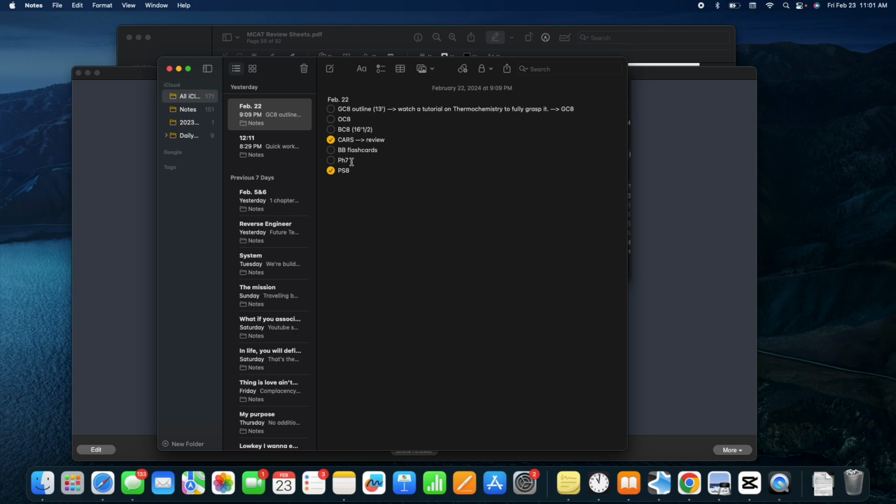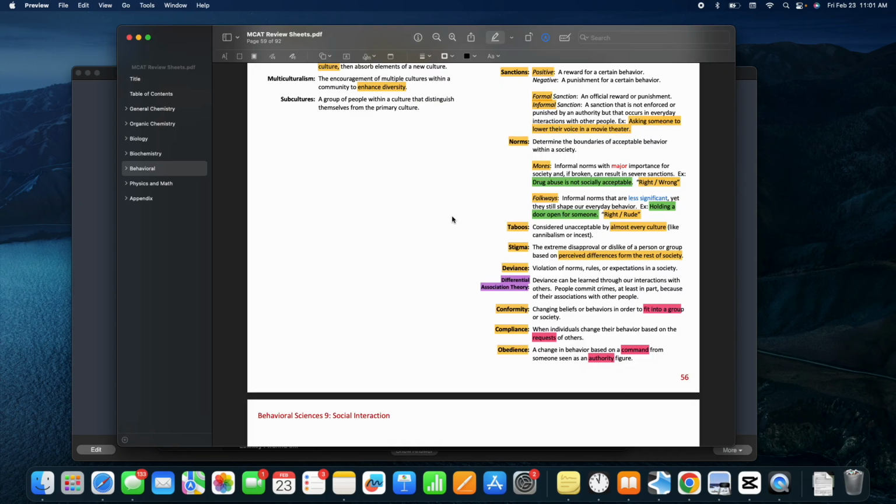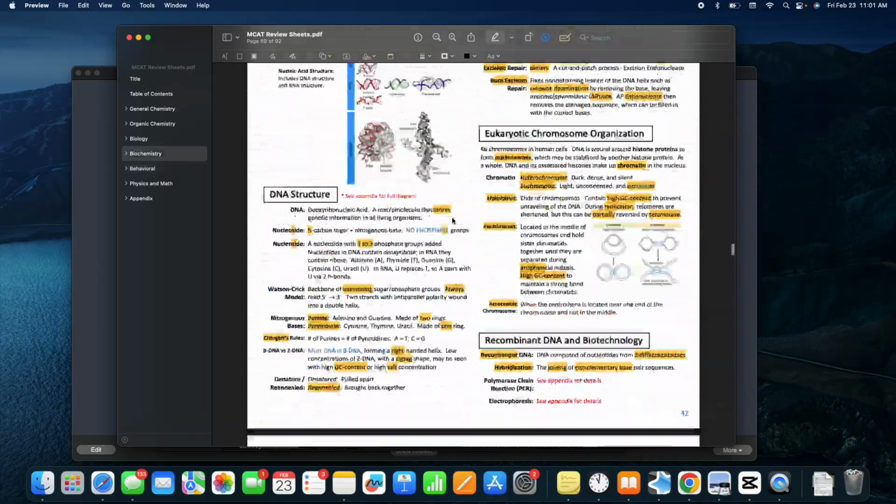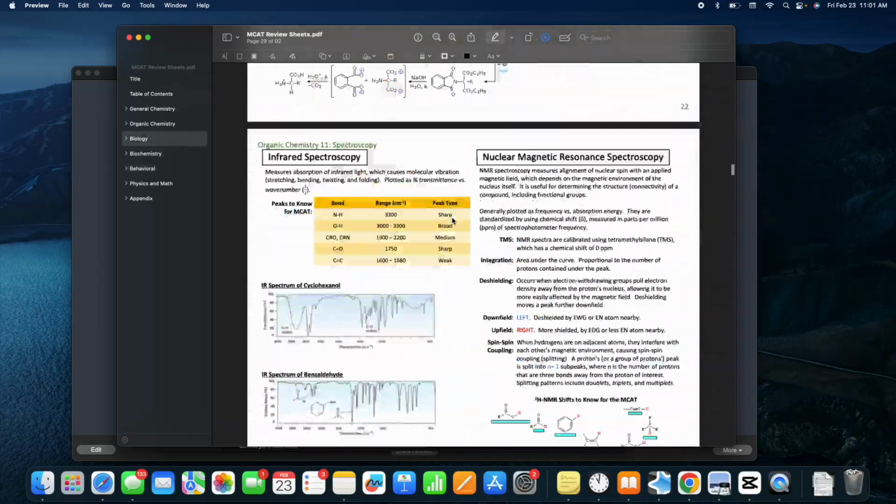So let's actually do a general chemistry chapter. So there we are. So we should be at General Chemistry Chapter 8.